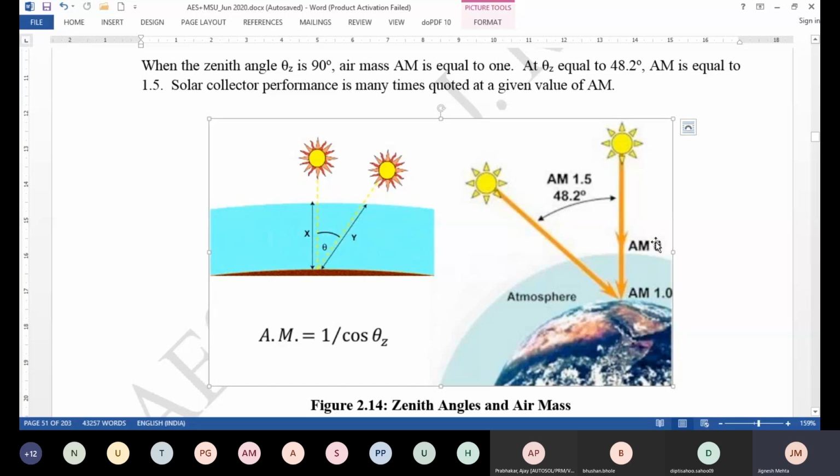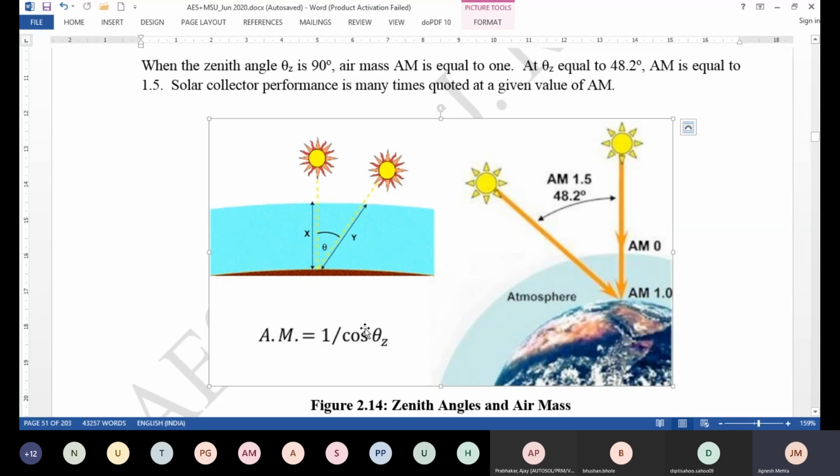AM 0 is assigned to the extraterrestrial solar radiation, that is radiation that you would get outside Earth's surface. Basically you can get AM, air mass, as 1 upon cos theta z. Theta z is the angle made with the zenith.